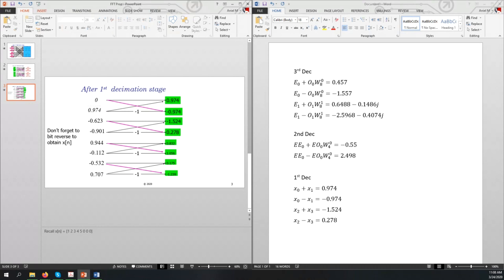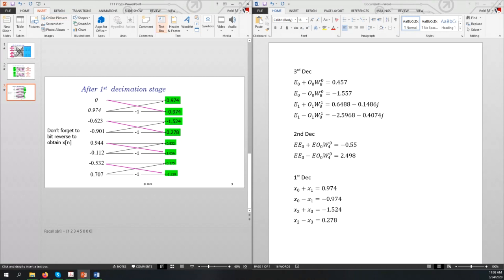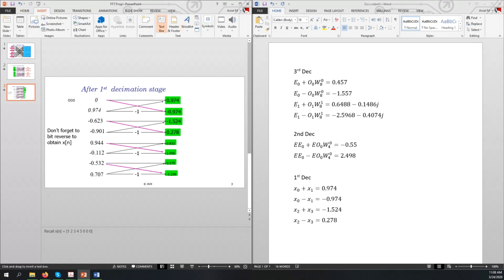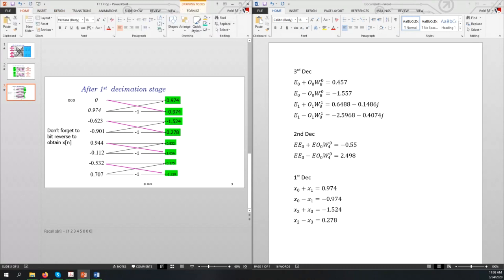Let me set a text box here to show you what's going on. This position here would be 0, 0, 0. But this position here originally would have been 0, 0, 1. Because this is the bit reverse position, the first and last bits were swapped, so this now is 1, 0, 0, which gives us 4.